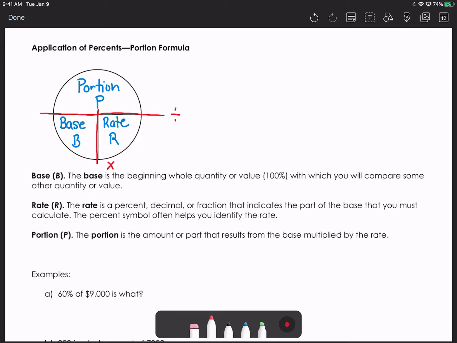If I know what the base and the rate is and I enter that in on the circle, then the base and the rate is being separated by the multiplication line, which means I need to multiply. If I know what the portion and the rate is and I'm trying to find the base, but I put in the portion and the rate on the circle, then I know that I need to take the portion divided by the rate because that's how it's separated on the circle.